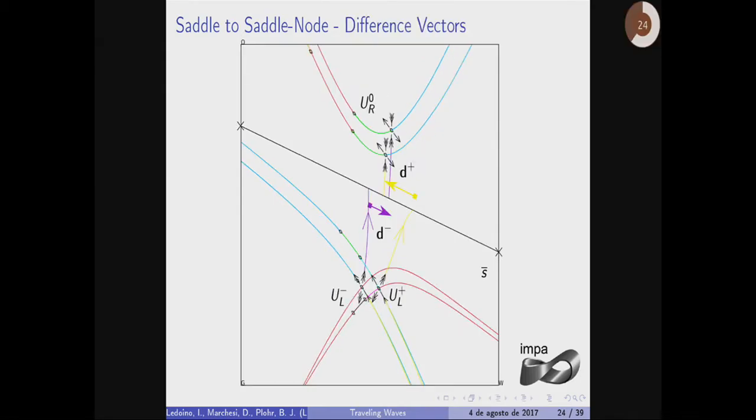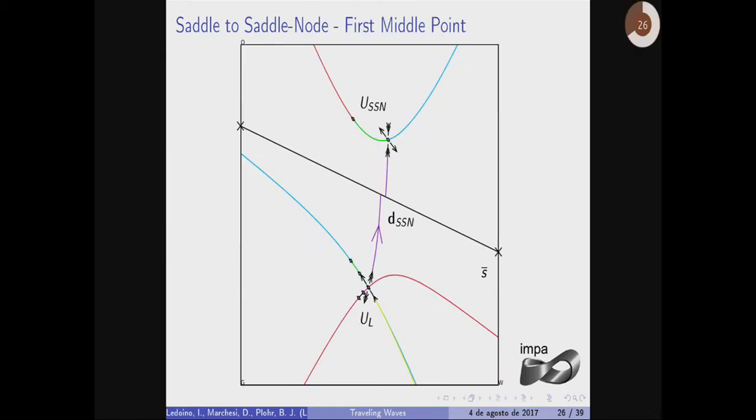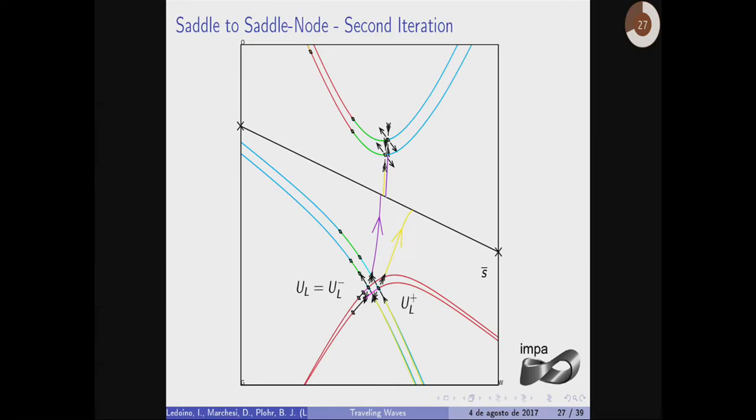Okay, so this is basically how the algorithm works. You start with 2 points, 2 left states, okay, and you draw the invariant manifolds leaving the left state and entering the tick mark here, which is the right state, and then you select one left state in the middle here, and using that new left state, you eliminate one of the previous ones.